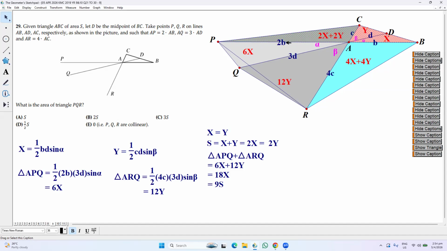Base ratio is 2 to 1, so area is 2 to 1. So then here is 1 to 4, 1 to 4. Blue is 4 times the yellow, 4x plus 4y.